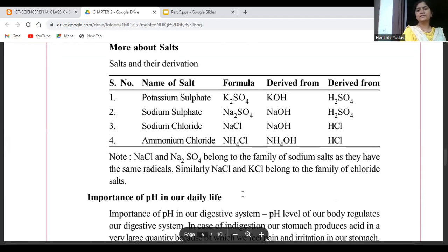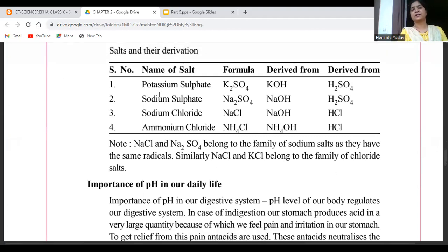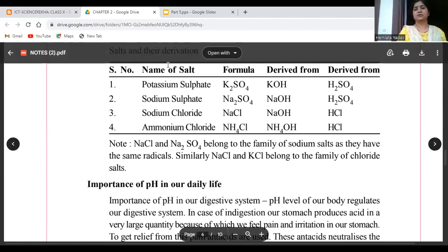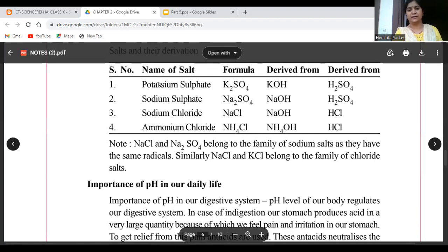More about salts, salts and their derivation, and how we name the salts, because salts are produced by a reaction of acid and base. We already know. So depending on which strong acid or base is reacted, we give the name of that salt. If a strong base is reacting with an acid, we call it basic salt because the strong base was reacting.